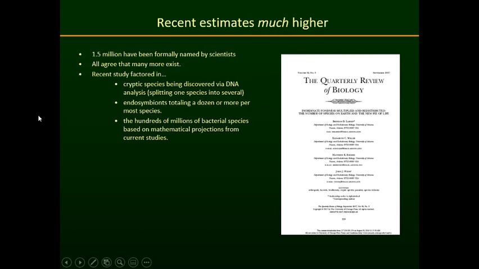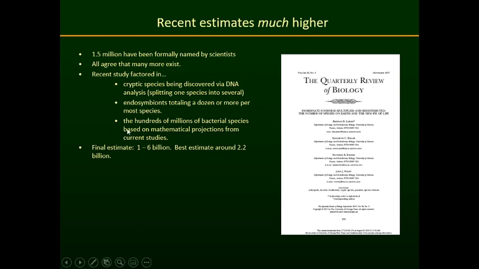So these folks, when they tallied all that up and made projections about how many species might exist out there, they discovered that their mathematical model suggested that there might be a final estimate of anywhere from 1 to 6 billion with a B, which is staggering because the conventional estimate is that we'd have about 10 or 11 million with an M of species on the planet, but their final estimate is in the billions.